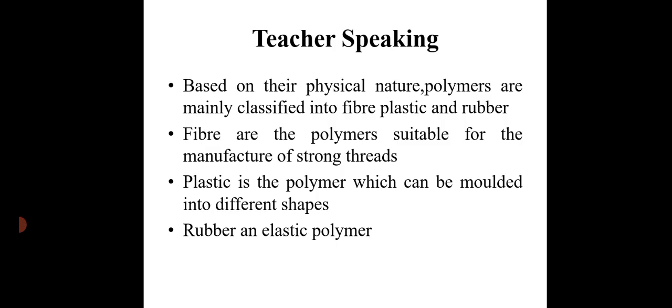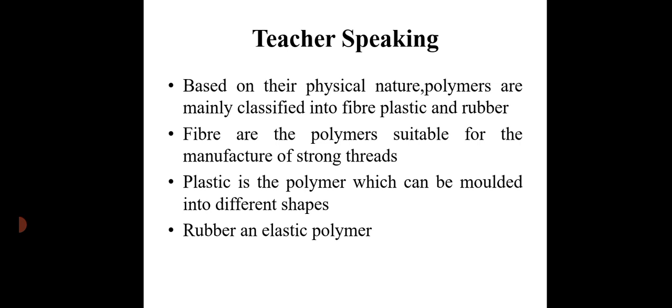Based on their physical nature, polymers are mainly classified into three: fibers, plastics and rubber. First of all, what is a fiber? Fiber is a polymer which is suitable for the manufacturing of strong threads. Then, what is plastic?